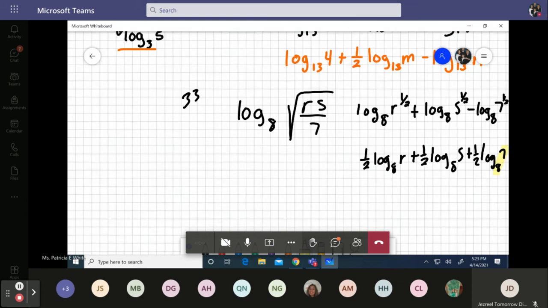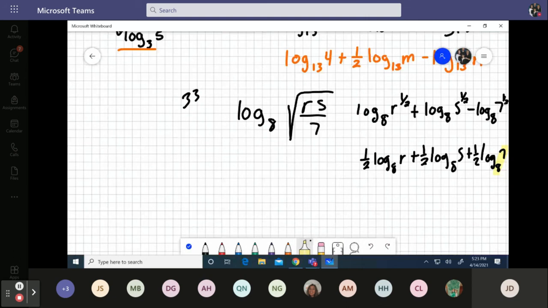Division goes to subtraction. These are the problems we worked on Monday night. And that box up top has your properties. And that's just cut and pasted out of your textbook. You have all that in there too.